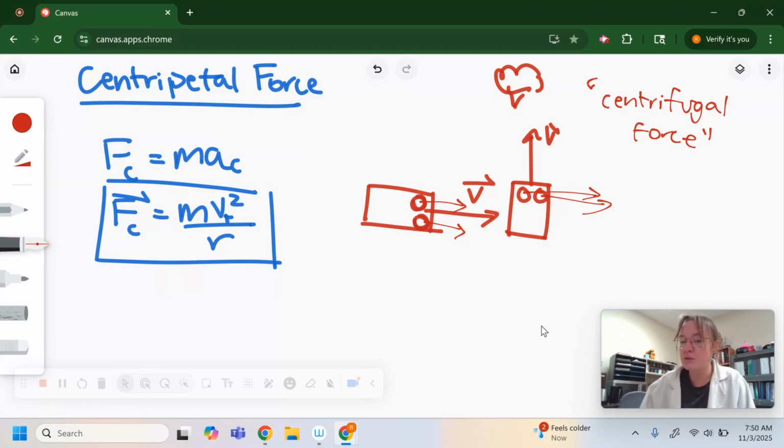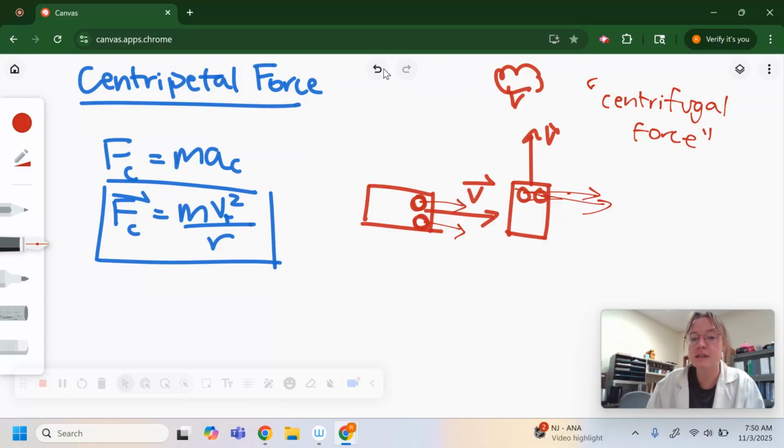Here's the actual force that's happening. Most forces, with the exception of things like gravity, are not things that you actually feel happening to you without some sort of contact. Most of the forces that you experience in your daily life are contact forces. And so the only force that you really actually experience here is the car door.